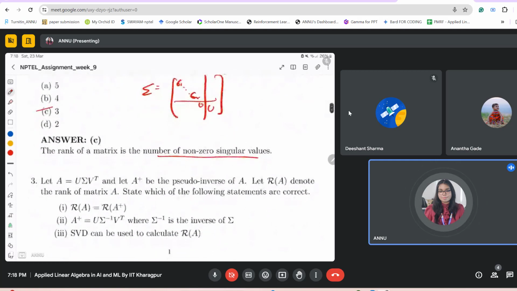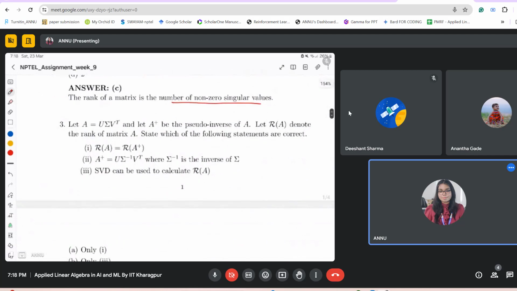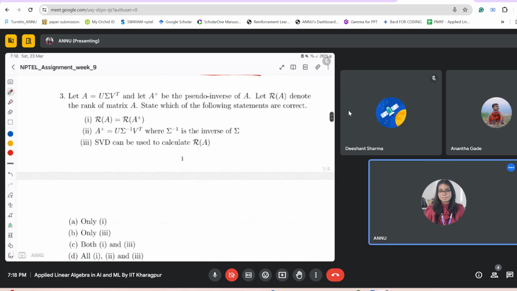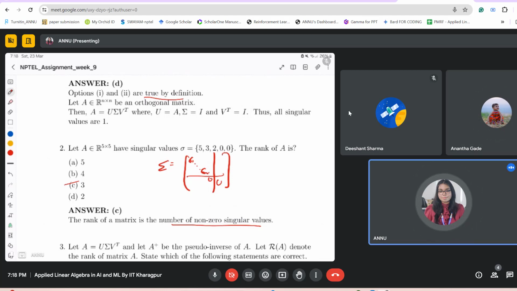Let's solve this question. In question number two, if suppose 0 is one of the eigenvalues, is that condition possible?